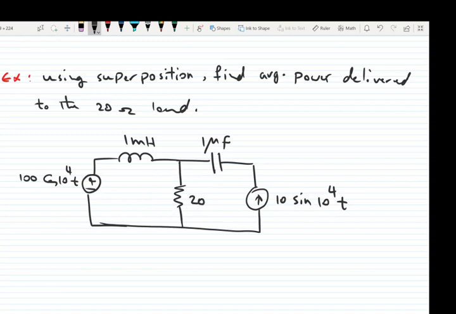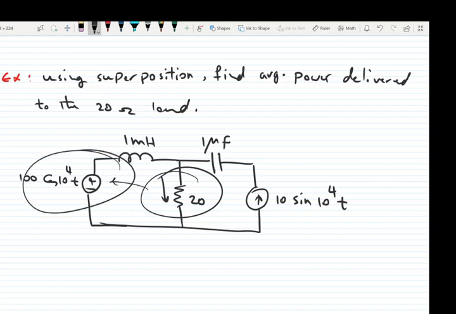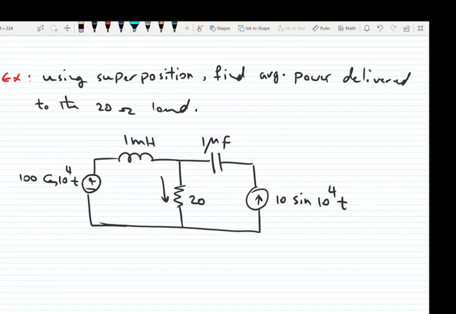What we need to do is find the current going through this resistor as a function of each individual source. When we get the current, we find the power. We cannot directly find the power. I will show it to you now.